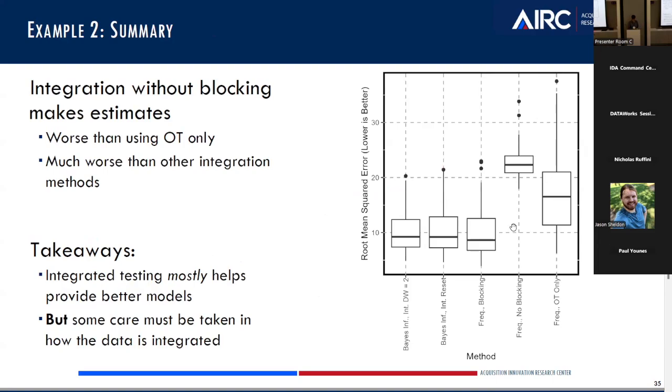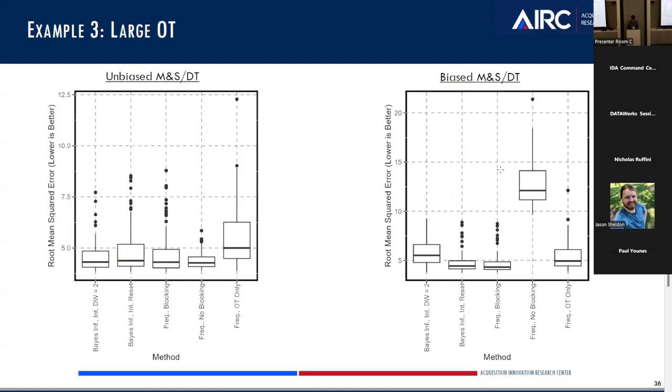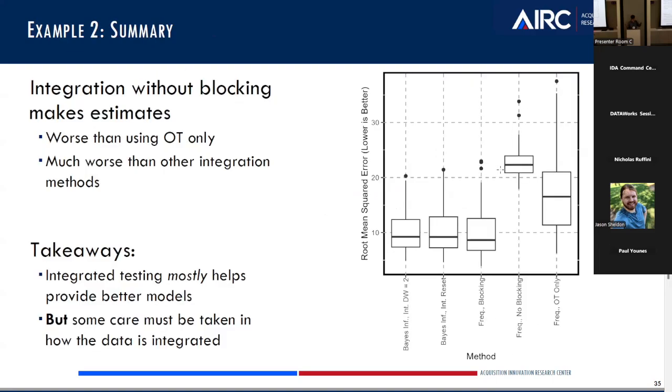We see that the original three methods are doing quite well, and quite a bit better than the frequentist method, right? We're still learning things by integrating information, even from biased models, except in the case where we didn't provide the right factors to account for the differences between the data collections. Okay.